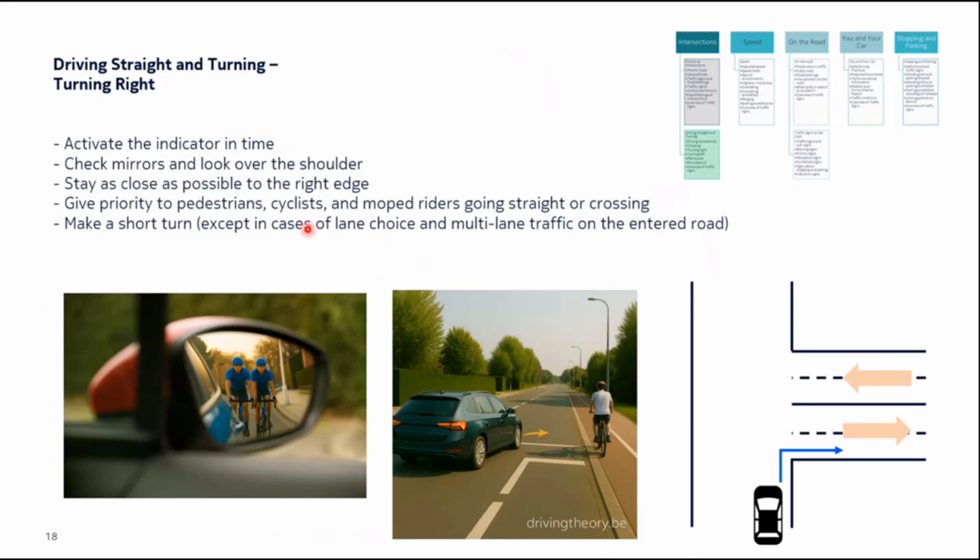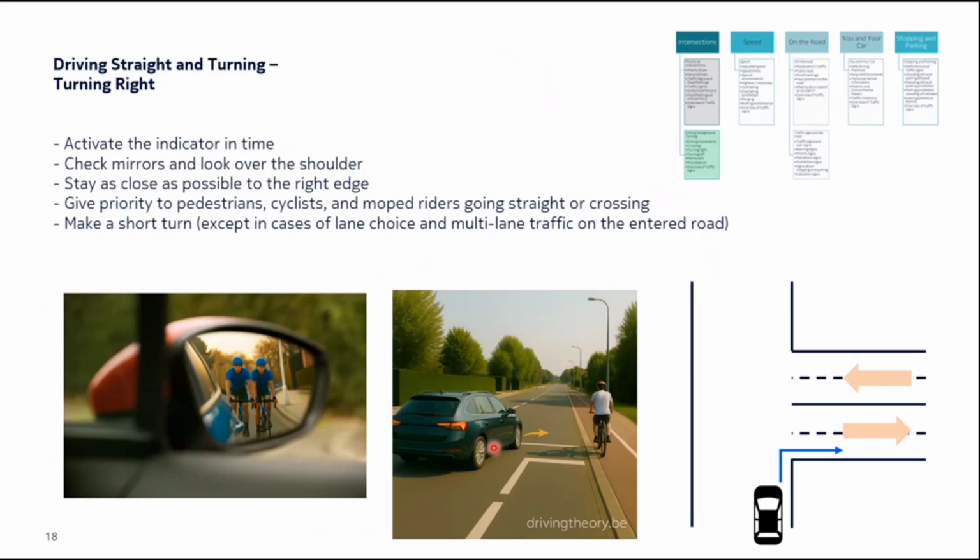Okay, give priority to the pedestrians, cyclists, mopeds going straight or crossing. So in this case, as you can see, this bicycle is continuing to go straight. So here it is a bicycle lane, but if it was not a bicycle lane, even if the bicycle was on the road and was continuing to drive straight, you must let the bicycle continue to drive because the bicycle is not making any maneuver.